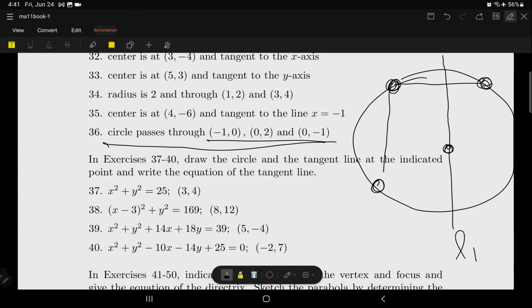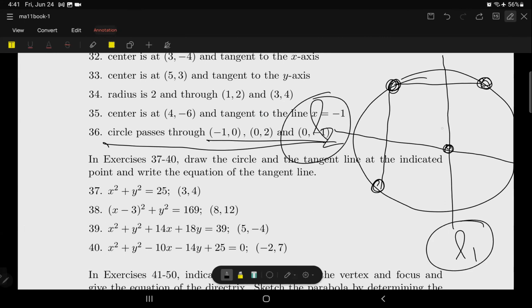Draw another chord. Ayan, perpendicular bisector. Pag nakuha mo yung equation ni L1 at ni L2, intersection nila yung center. Magsisystem ka. Kaya, nakuha ba yung idea, no? Dalawang perpendicular bisector, parehong dumadaan sa center. So, yung intersection ng dalawa, yung center. So, magsisystem ka.